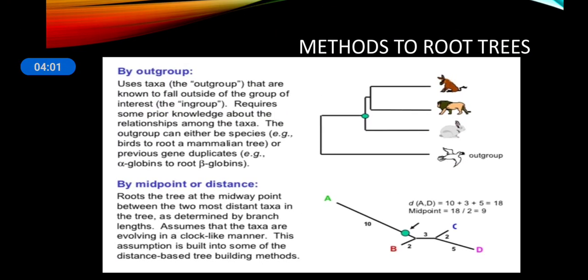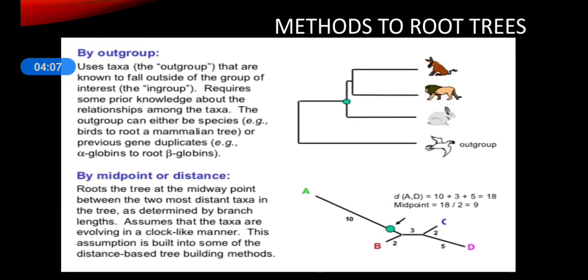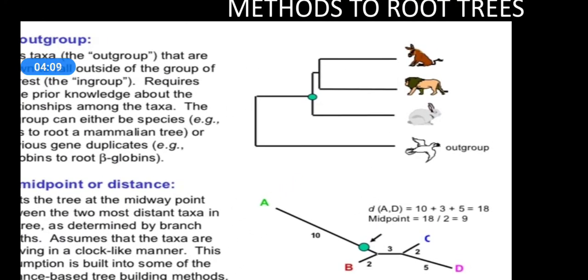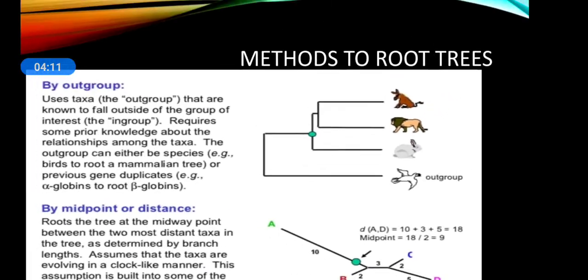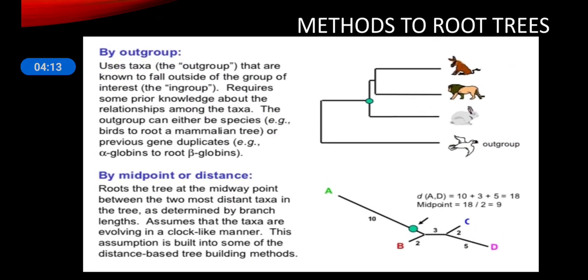This outgroup can be a species, so in this case you can use a bird to root a mammalian tree, as in the example shown here, or it can be previous gene duplicates, for example alpha globins to root beta globins. So by the outgroup method, you can root unrooted trees.